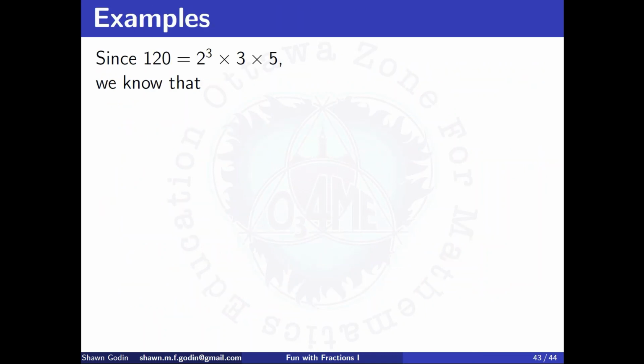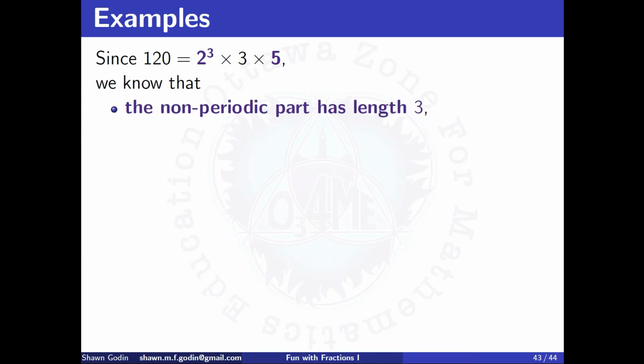So let's look at some examples. 120 is 2 cubed times 3 times 5. If we look at the 2's and 5's, we have 2 cubed times 5. From that, we know that the non-periodic part has length 3 because this is going to go into 10 cubed.